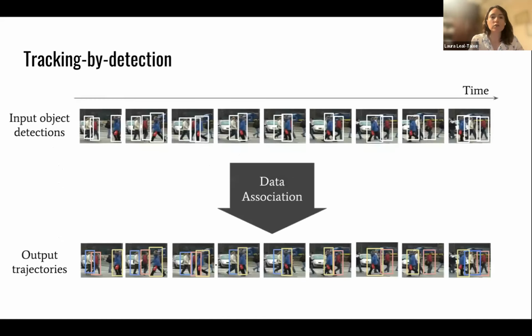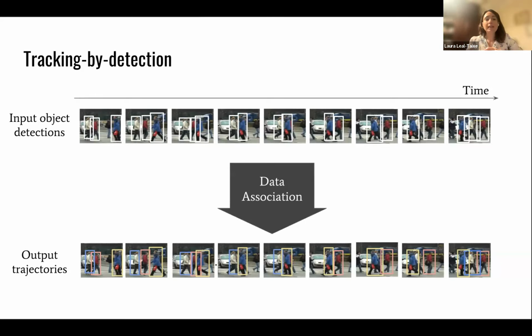But let me go back to that formulation of data association. Why do I pose tracking as a data association problem? This comes from using the paradigm of tracking by detection. Tracking is such a huge problem that we tend to break it down in two parts.